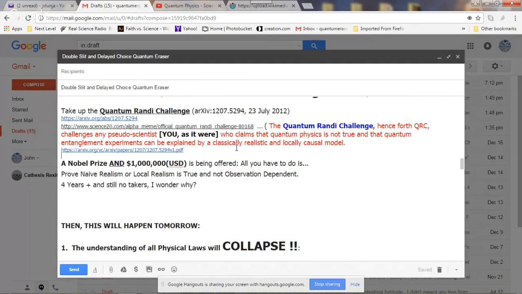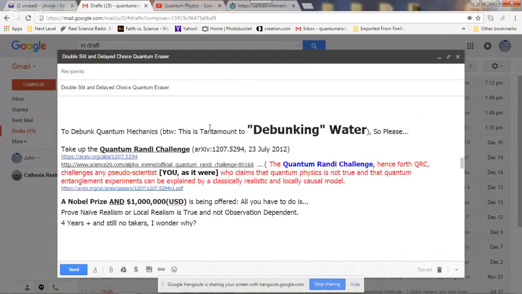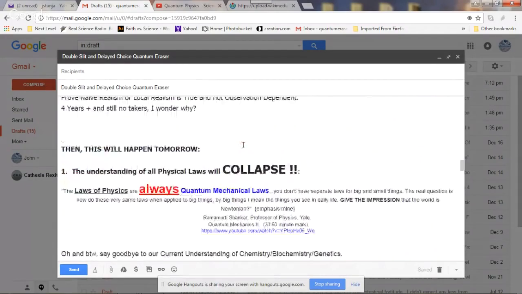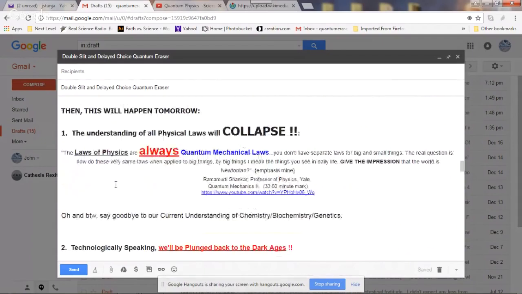That's why. But if you do this, then this will happen. If you debunk quantum mechanics today, then tomorrow the understanding of all physical laws will collapse. Like Professor Shankar, the chair of physics at Yale, says, the laws of physics are always quantum mechanical laws. You don't have separate laws for big and small things.